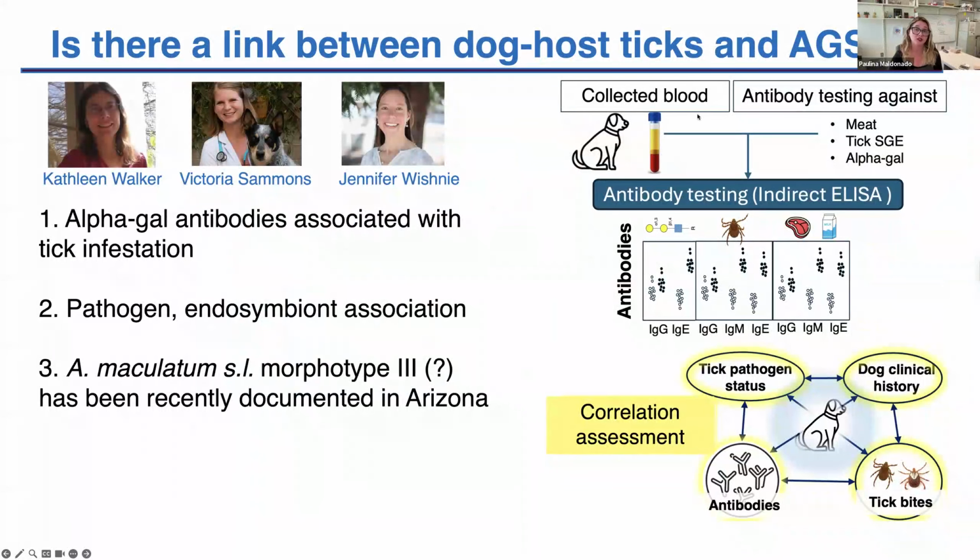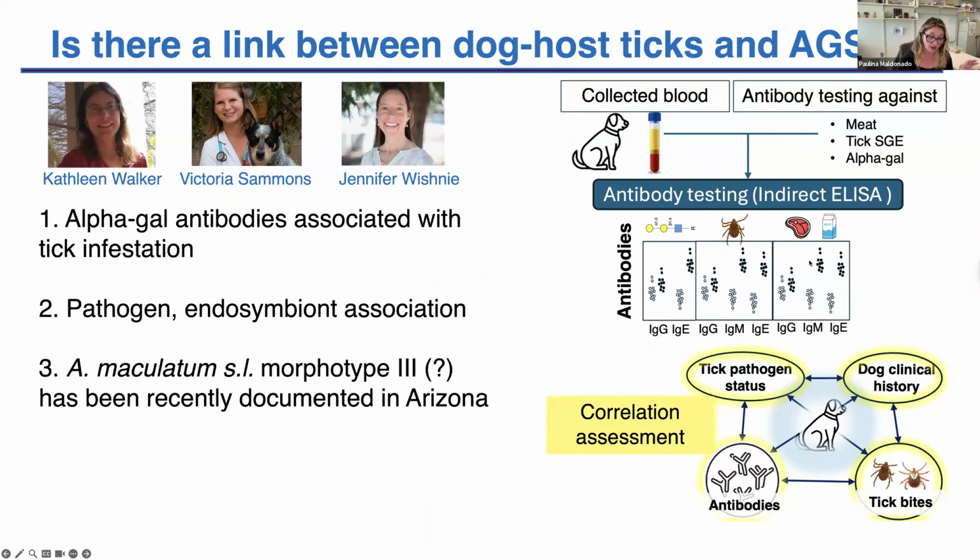We plan to draw blood from the dogs that are arriving at the shelter and conduct antibody testing, not only to see if they have food sensitizations, but also against the alpha-gal epitope. Then we're going to quantify the tick burden these dogs present and try to find any type of correlation with those antibodies.